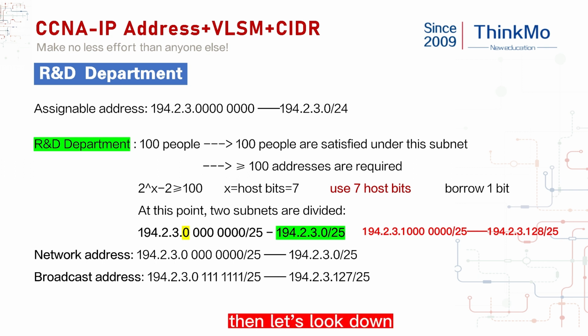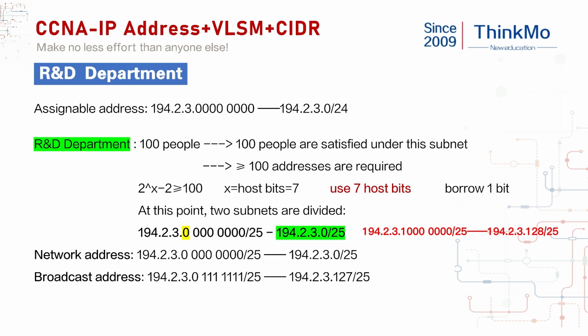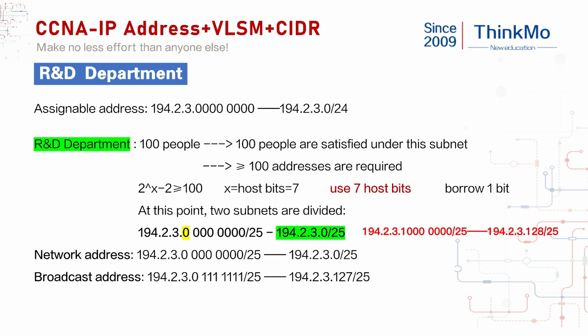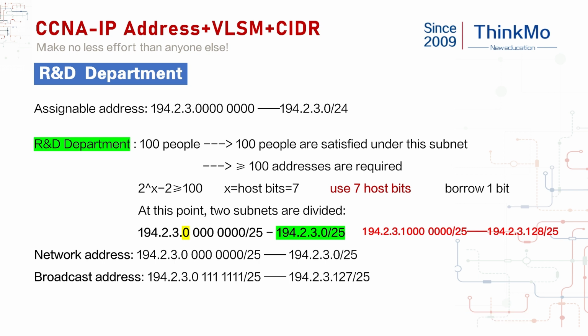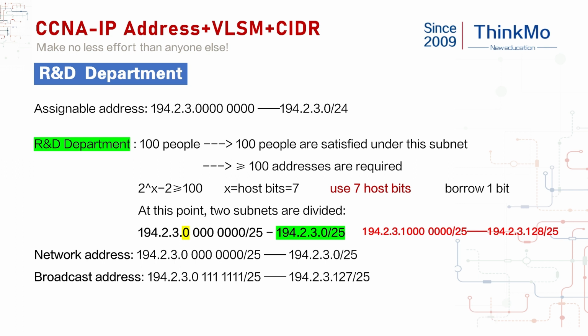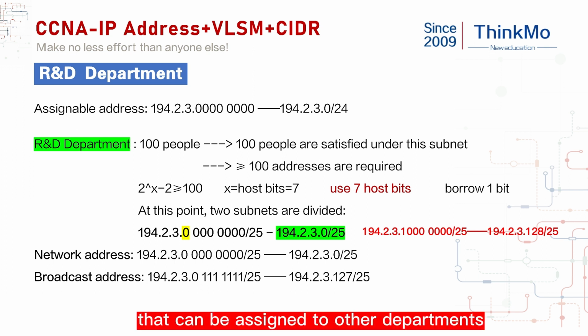Then let's look down. When I now divide this network segment, in fact this network segment is given to it. So what is the address that can be allocated at this time? I just created 2 subnets, and I used one of them for the RAND department. Then what are the addresses that can be assigned to other departments?